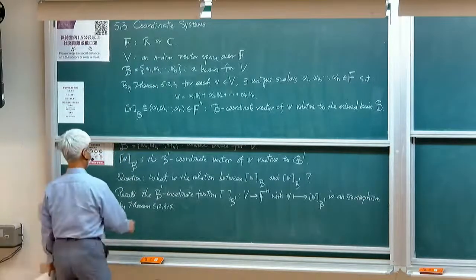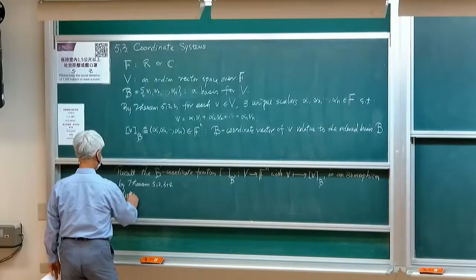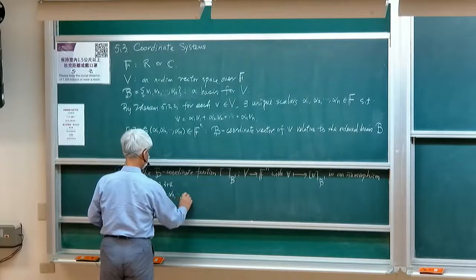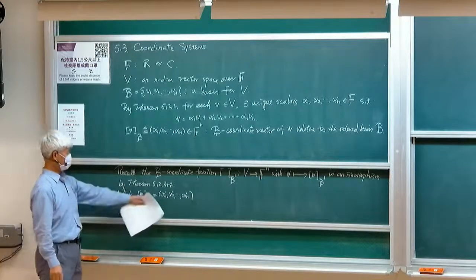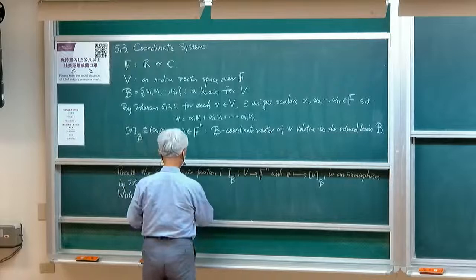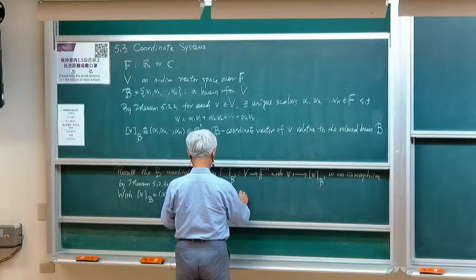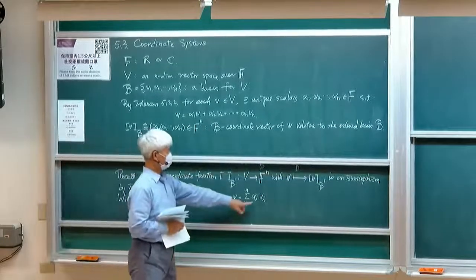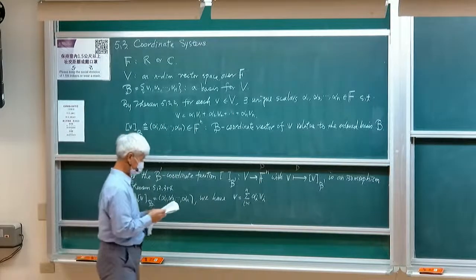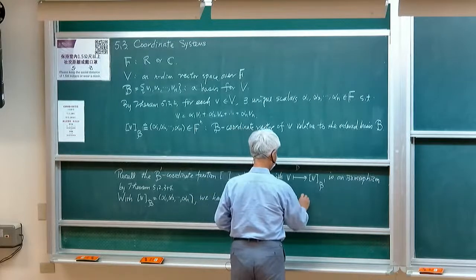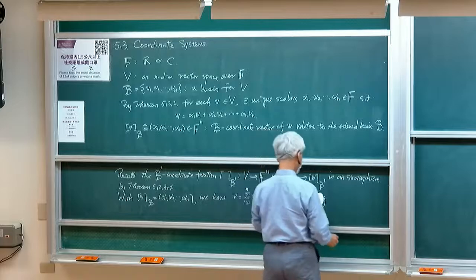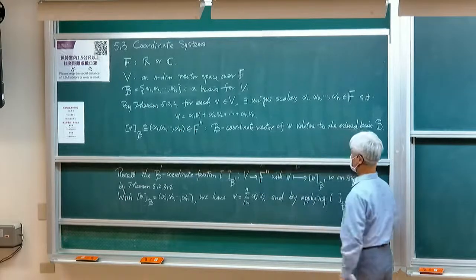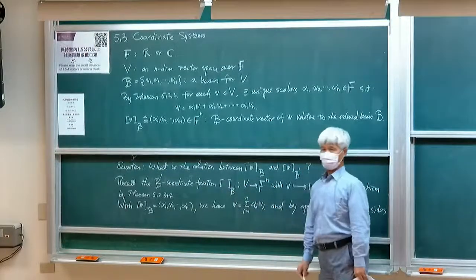With the B coordinate vector of V equal to (alpha 1, alpha 2, up to alpha n), we know V is equal to the summation, a linear combination, of the basis vectors Vi in B. So we apply the B prime coordinate function on both sides.